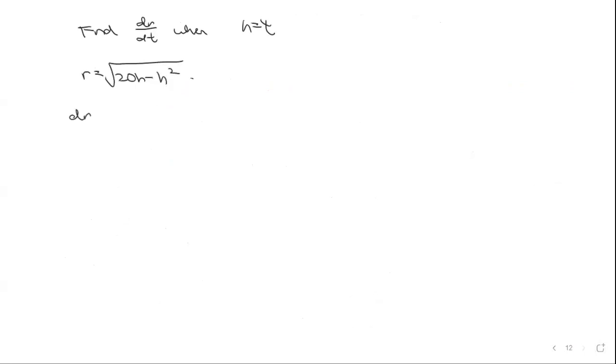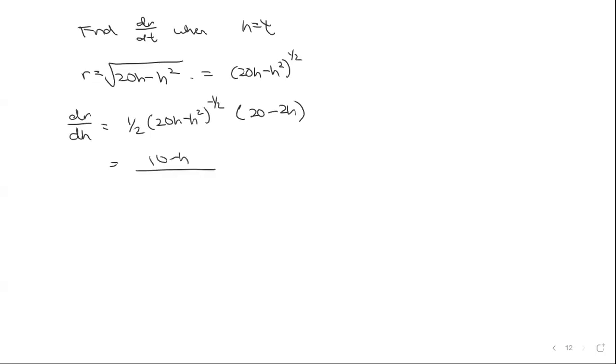So firstly, we'll need to find dr/dh. If it helps, you can think of this as (20h minus h squared) to the power of a half. So you bring the half down, (20h minus h squared) to the negative a half, and then, of course, chain rule: 20 minus 2h. Times by half, that means you've got 10 minus h in the numerator divided by the square root of 20h minus h squared. So that's your dr/dh.